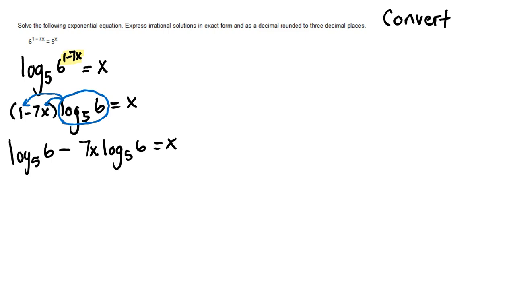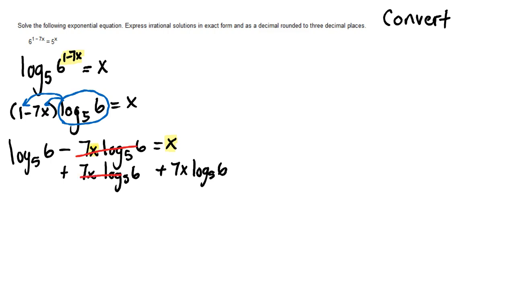Now I have two terms with x in this equation. I want to move all the terms with x to the same side of the equation. So I'm going to add this 7x log base 5 of 6 to both sides so that I can get those variables on the same side.